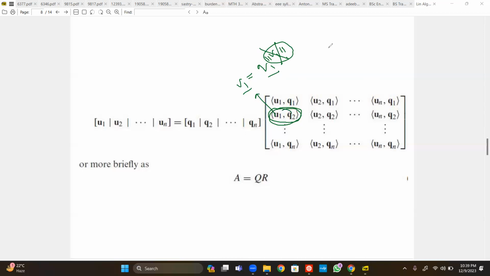And what is Q1.Q2? We have orthonormalized the set of vectors, so Q1 times any of the other Qj's is going to be 0. That is why this guy is equal to 0, and so are all the elements below this guy. All of them are going to be 0 because all of them are Q1 dot Qj, where j is not equal to 1.